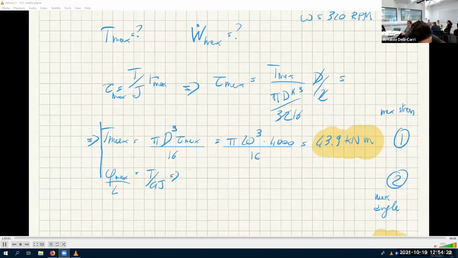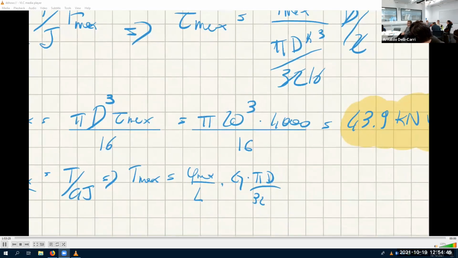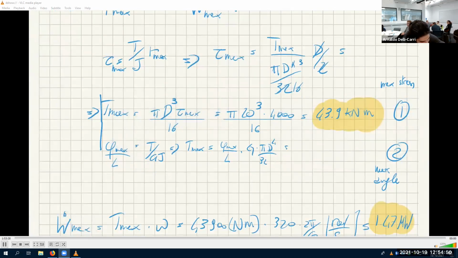And so we can say that T max for condition 2 is phi max over L times GJ, times G times pi d to the power of 4 divided by 32. So you find T max for condition 1, which I believe is larger than this. How much is this?